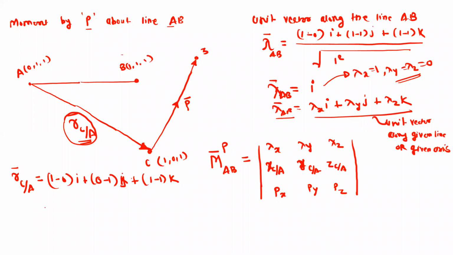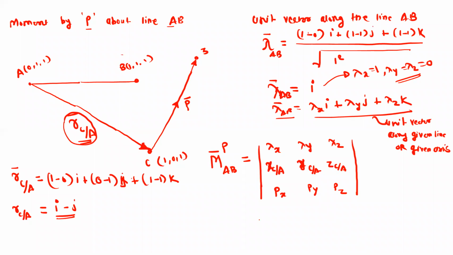So you will get i minus j and 0. So i minus j is the position vector for the points A and C.